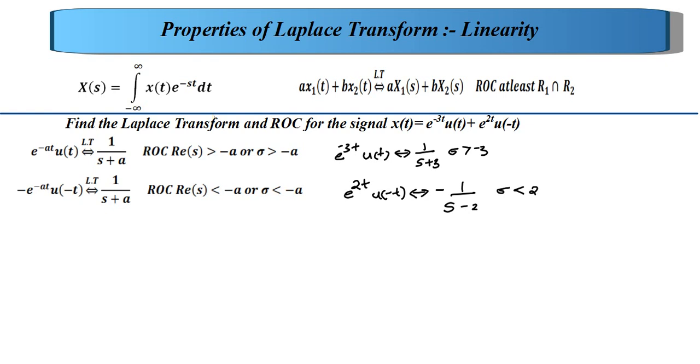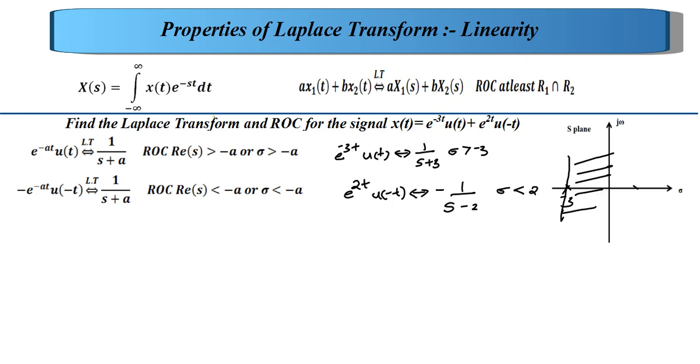So we'll get two signals, and we can verify whether there is a common area for these signals. Here one signal exists when sigma is greater than minus 3, so this is minus 3, and greater than minus 3 means towards the right.